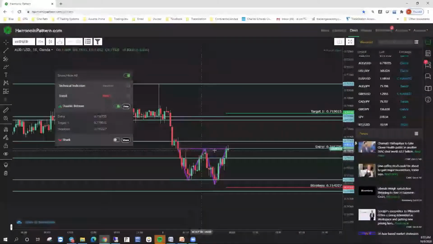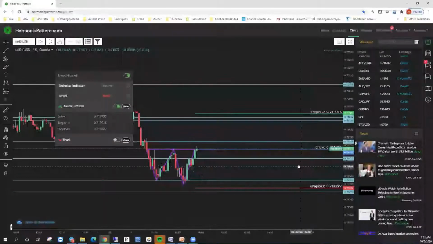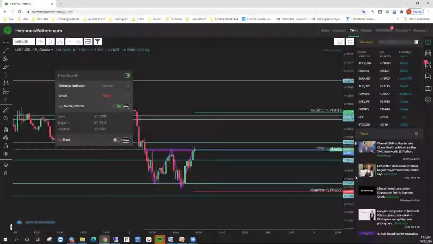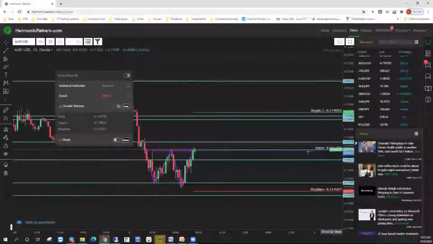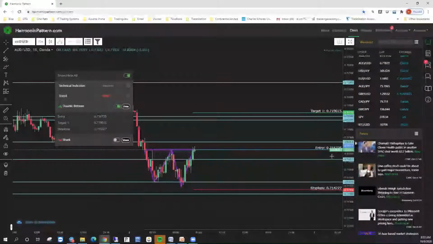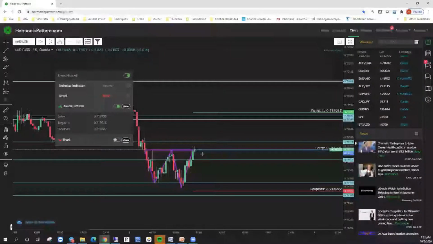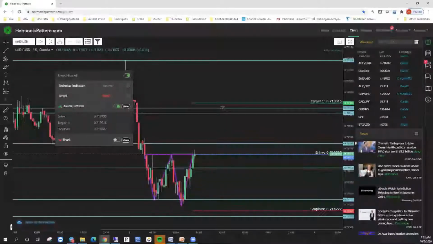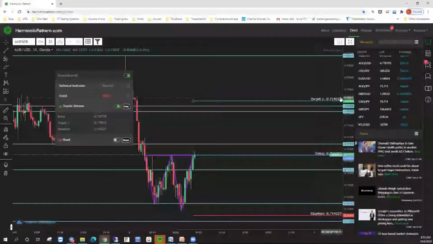And so here's where the breakouts come in. They're showing the entry at 71.35-ish, no, 71.67. Yeah, that's the entry, and here's the target up here at 71.90.